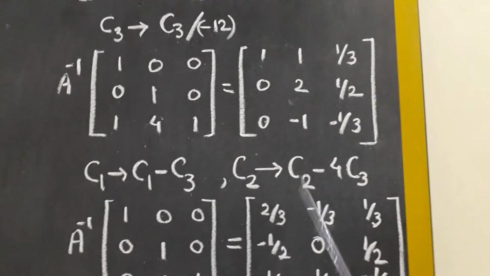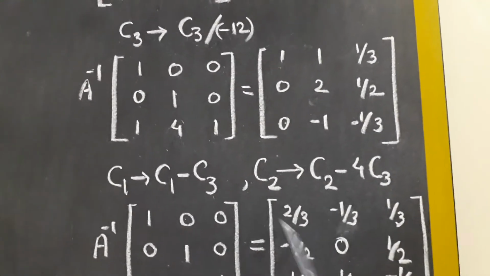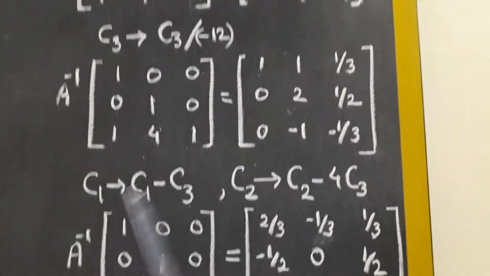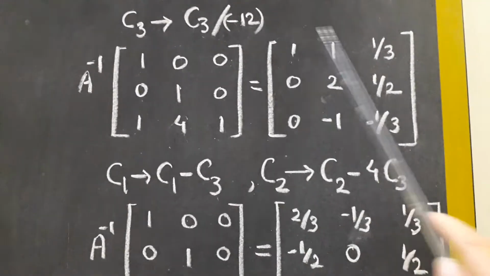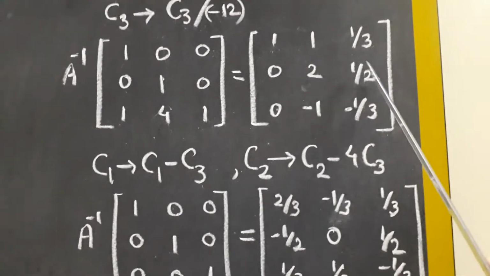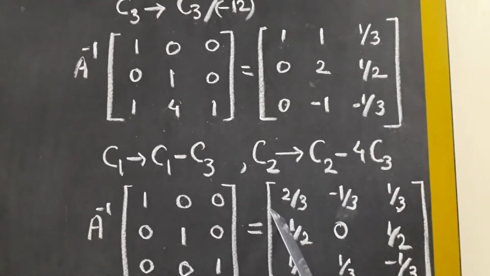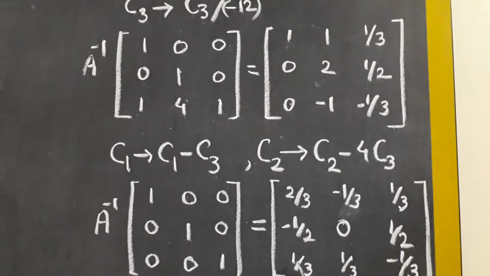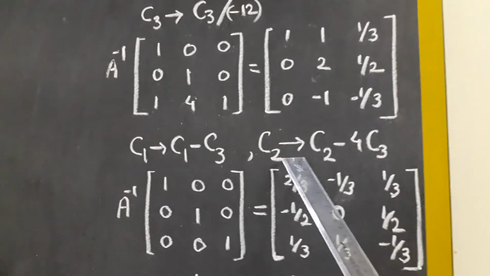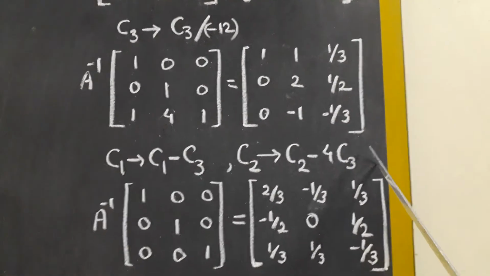You can actually perform your calculations, do the rough work needed and write the numbers. So 1 minus 1 by 3, 0 minus half is minus half, 0 minus of minus 1 by 3 is plus 1 by 3. And the next is C2 minus 4 times C3.